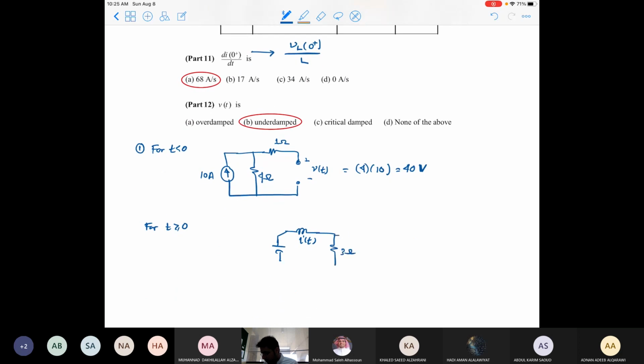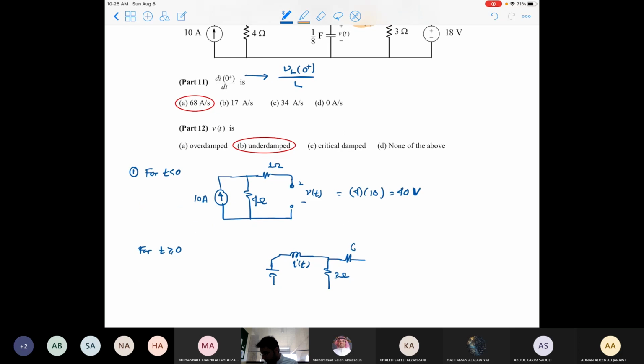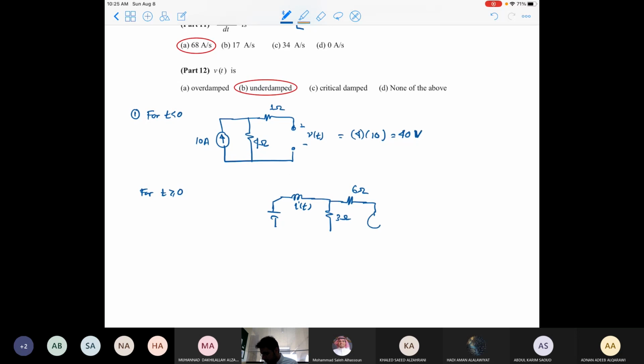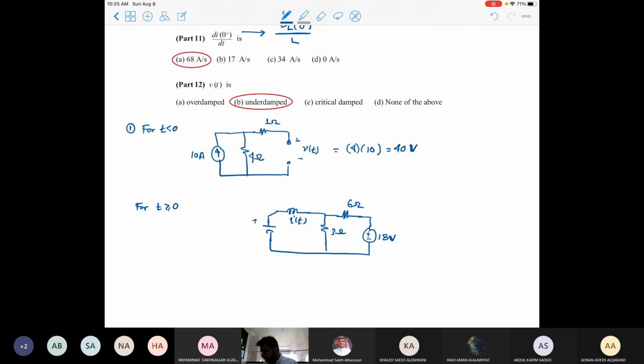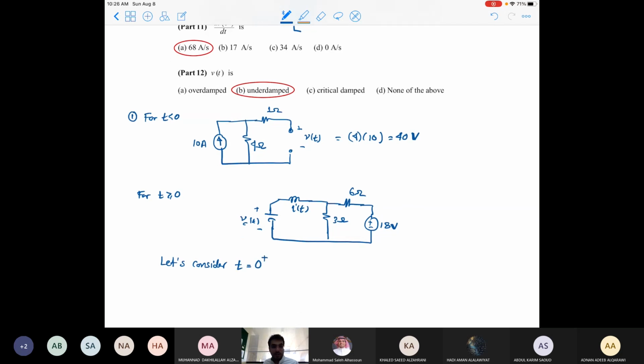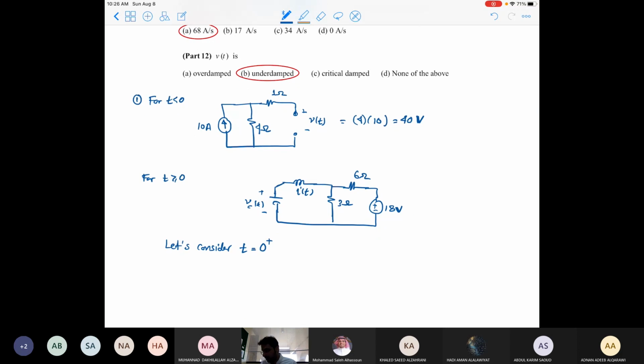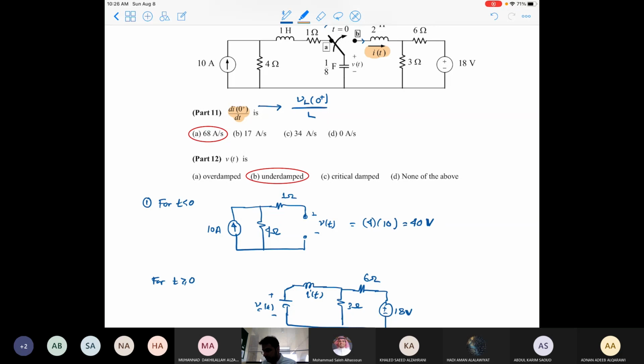We have 3 ohm, okay, here's 6 ohm. So let's consider what happens at t equals 0 plus, just immediately after moving the switch to position B. Remember here we were asked to find di/dt, which is exactly similar to finding the voltage across the inductor divided by the inductance.